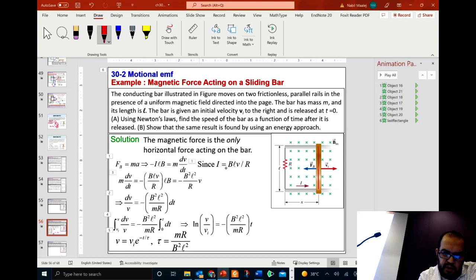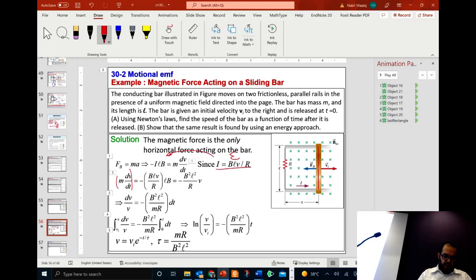Since we know the current is equal to BLV divided by R, we have derived this before because this is the induced EMF divided by R, we can replace it here and we get mass times acceleration, which is m dv dt, equal to minus BLV divided by R, which is the current, times LB. So we obtain this is equal to minus B squared L squared over R times V.